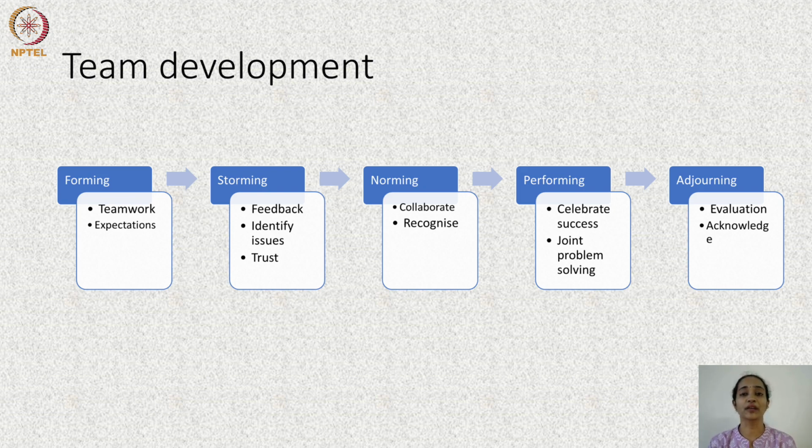The phase of norming is when the team members start to collaborate with one another. The team is slowly building as a cohesive unit. Team members start working on consensus and joint problem solving. They recognize what each team member contributes to the team task. When this happens, shared leadership also emerges.